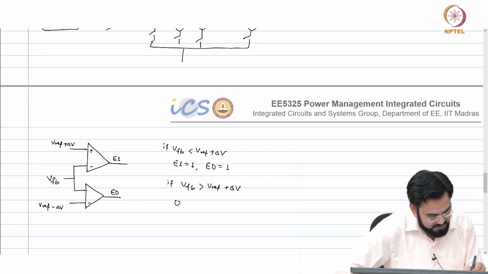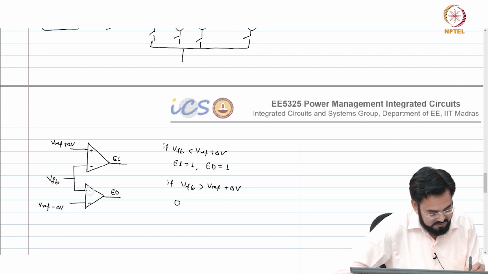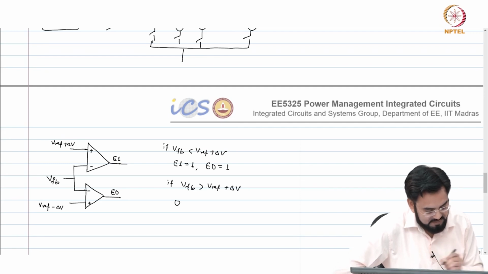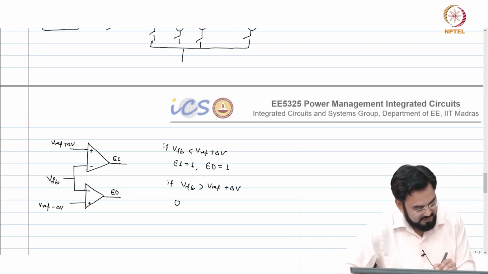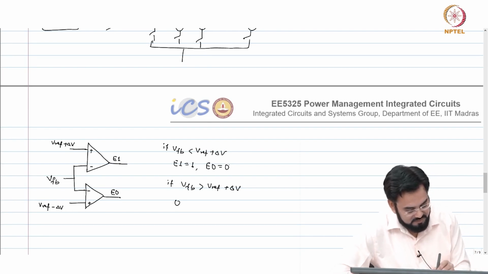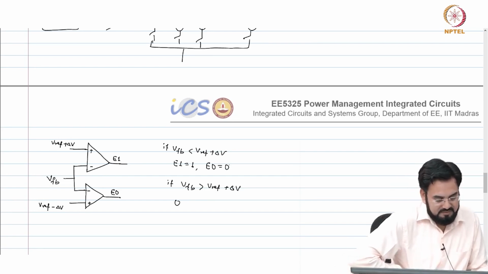So, let us change this polarity. Let us make it minus and this plus. So, this E0 will go to 0, correct.